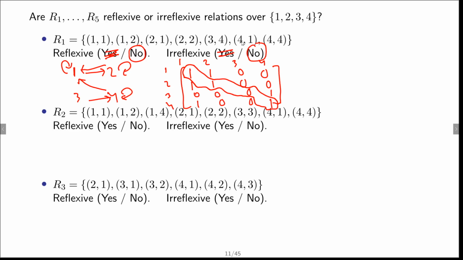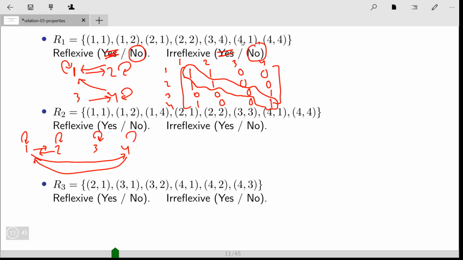How about this one? Well, this is rather similar, but if we draw it this way, so 1, 2, 3, and 4, you have (1,1), (1,2), (1,4), and then (2,1), (2,2), (3,3), and then (4,1) and (4,4).